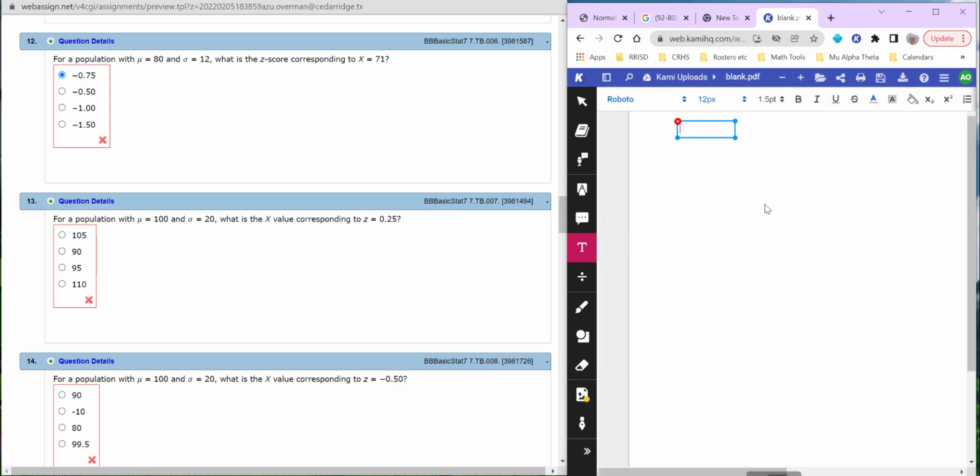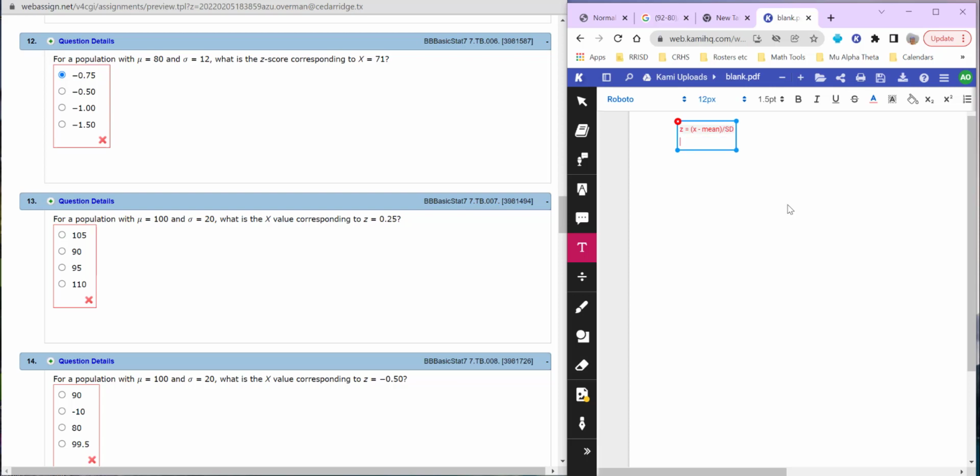Z equals, and that's going to be the value, x, minus my mean, 100, divided by 20. Actually, let me retype this. So this is the general formula. You want this on your chart.